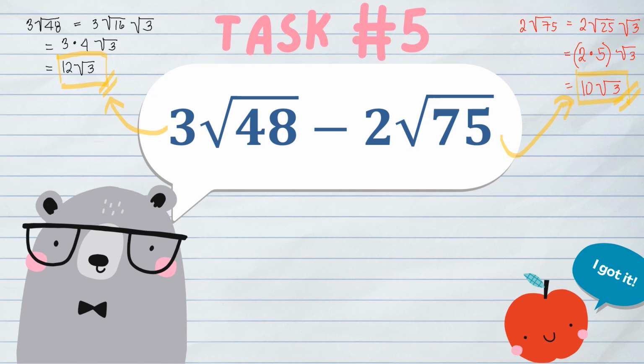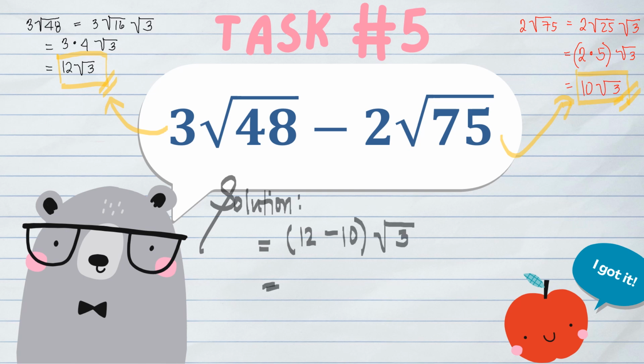From here, as you can see, the indices are already the same, and the radicands are the same as well. So that means we can now proceed with our solution, wherein we are gonna start by subtracting the coefficients because of the minus symbol, so 12 minus 10, and then copy square root of 3.